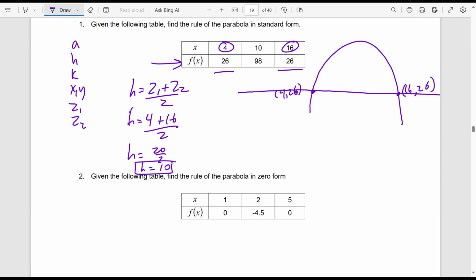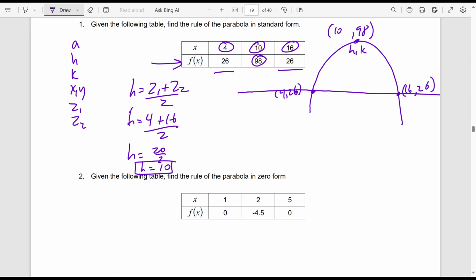Oh, well, look at that. This one's 10. So whatever's paired with that has to be the K. So this is my HK. This point here, 10 and 98, is my vertex.